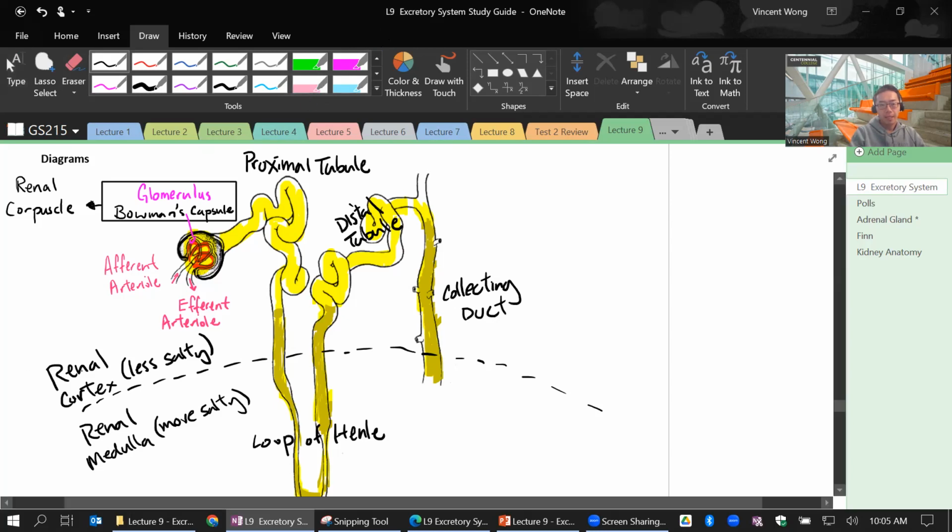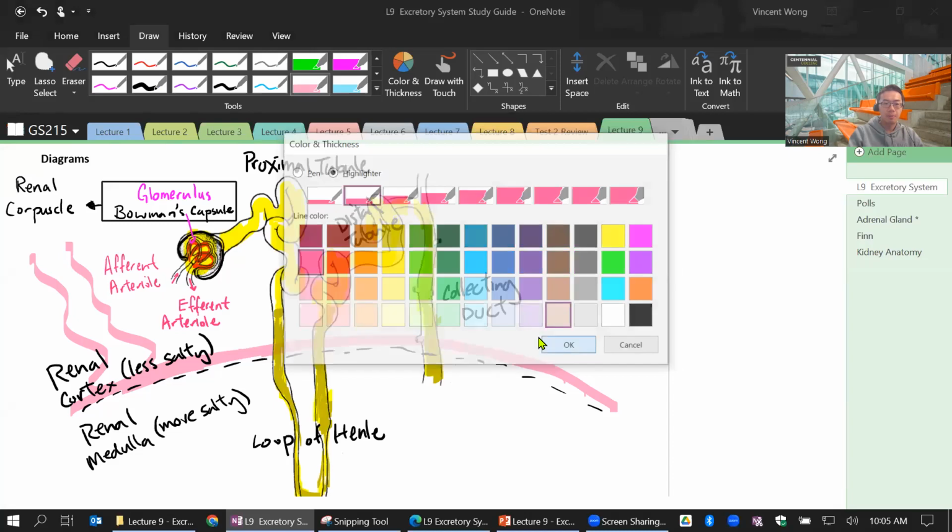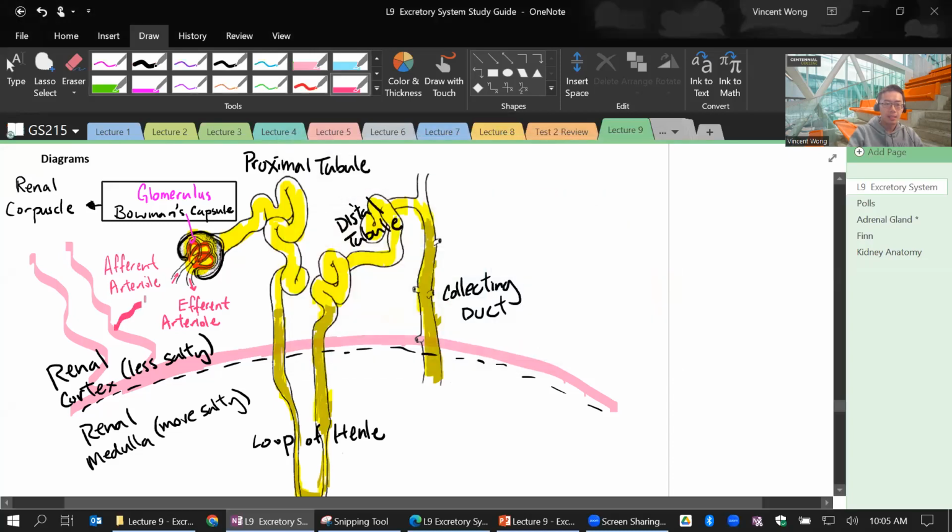Remember, running along the edge here is the arcuate artery. There's an arcuate artery that runs along the outer edge of the pyramid, and then you have these cortical radiate arteries coming up and branching off from it is the afferent arteriole, right?